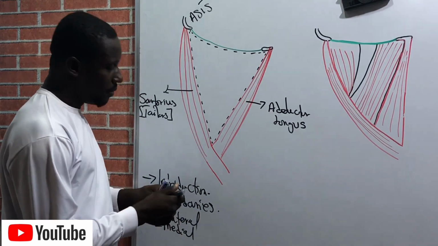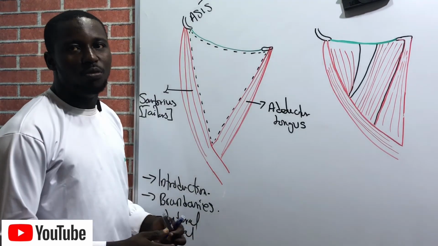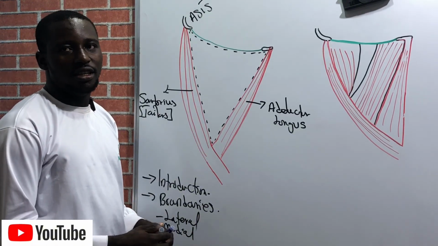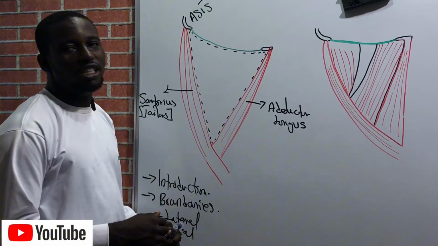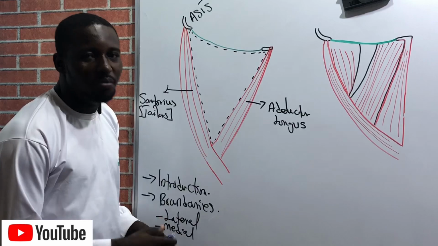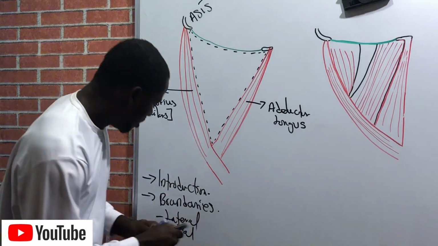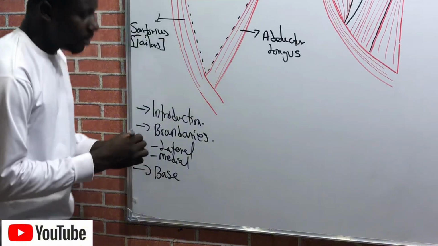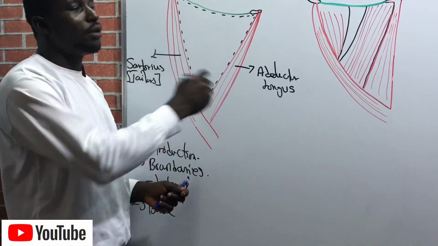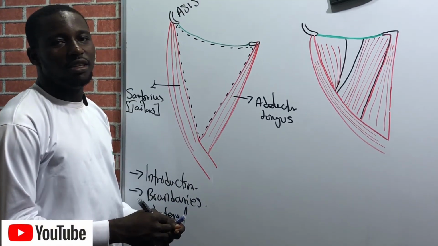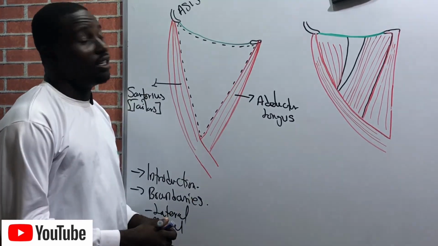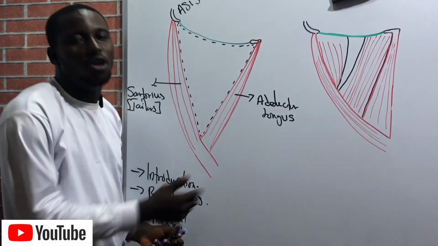So the next in line that we'll be looking at is the base. Because it is a depression, it must have a base and it must have an apex. The base of this important depression is formed by the inguinal ligament, and the base is directed upward.